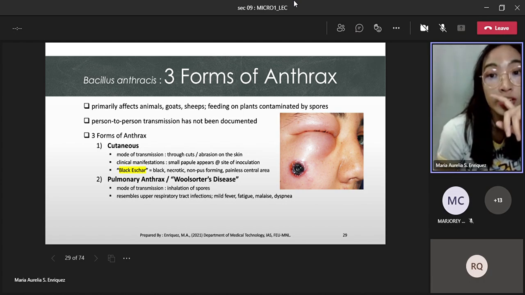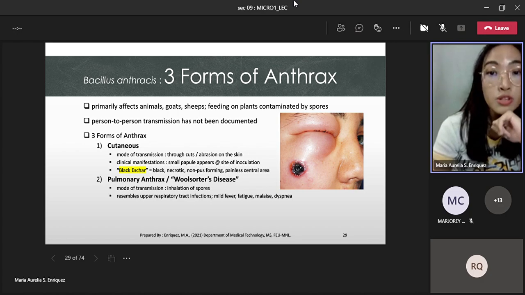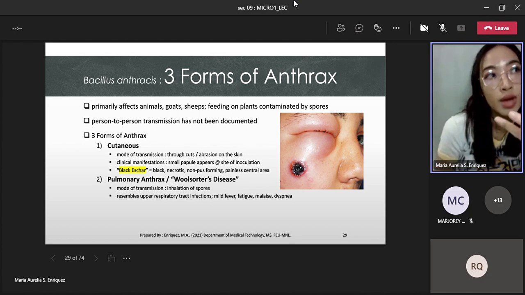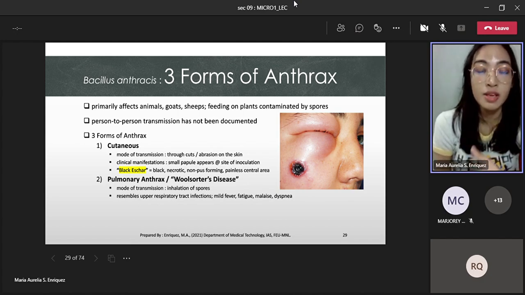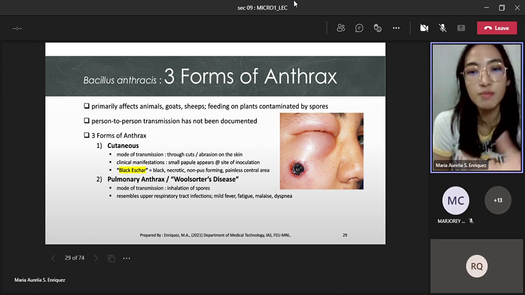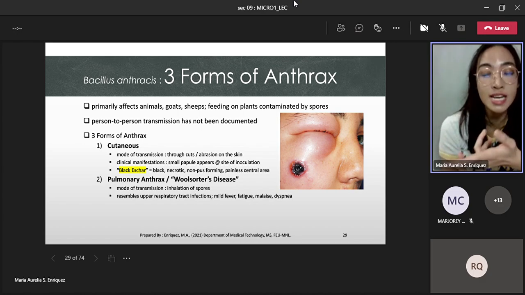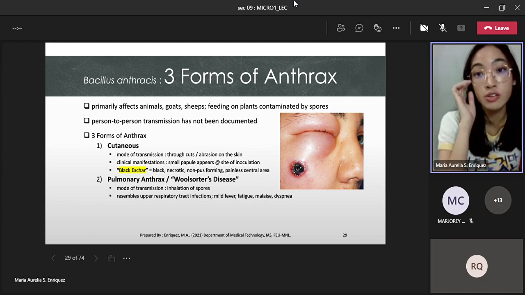Next is inhalational anthrax, or the pulmonary anthrax, otherwise known as the wool sorter's disease. Okay, so the wool sorter's disease is acquired when the spores are inhaled into the pulmonary parenchyma. So the infection begins as a non-specific illness consisting of mild fever, fatigue, and malaise 2 to 5 days after exposure to the spores.